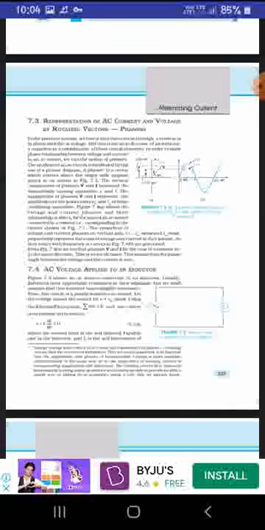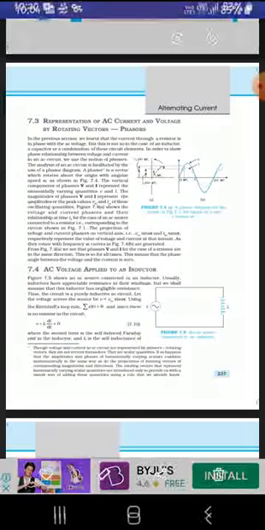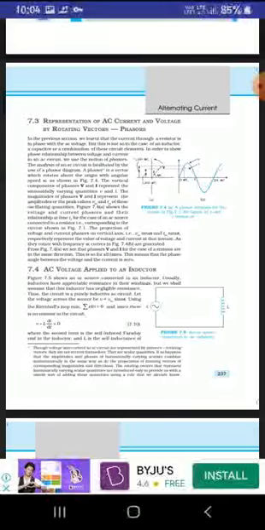Next is representation of AC current and voltage by rotating vectors. In this you can see that the current through a resistor is in phase with an AC voltage, but this is not the case for an inductor. This does not happen in the case of an inductor, a capacitor, or a combination of these circuit elements.